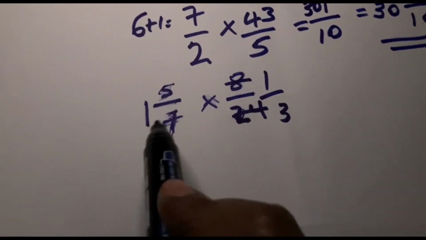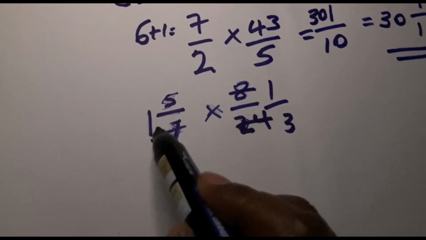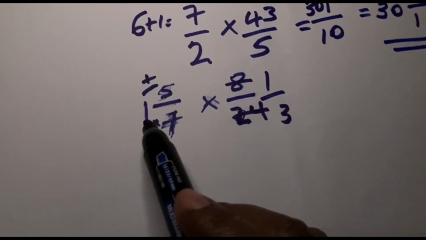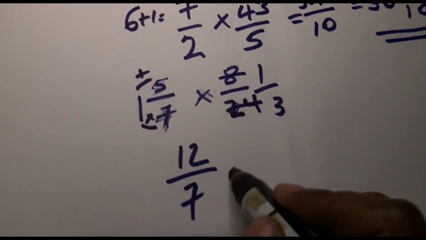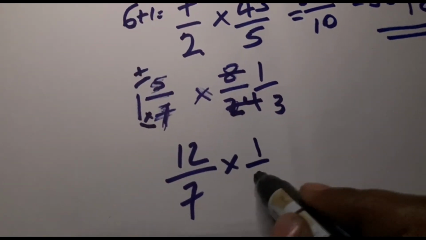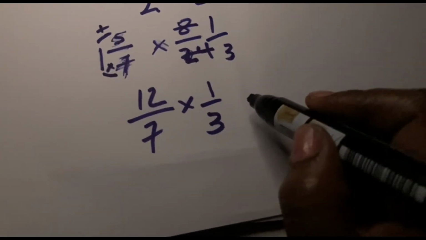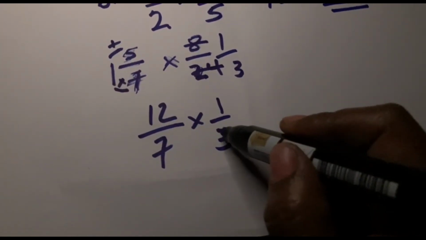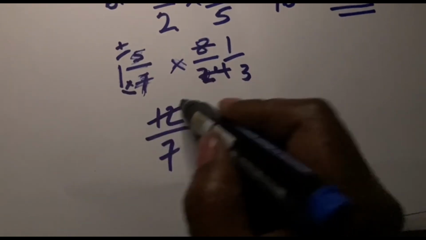Then this one can change into an improper fraction. Multiply here, add here. 7 times 1 is 7, plus 5 is 12. 12 over 7 multiplied by 1 over 3. Is there anything to simplify? Yes. 3 and 12 have common factor 3. So we can divide by 3. 3 divided by 3 is 1, and 12 divided by 3 is 4.